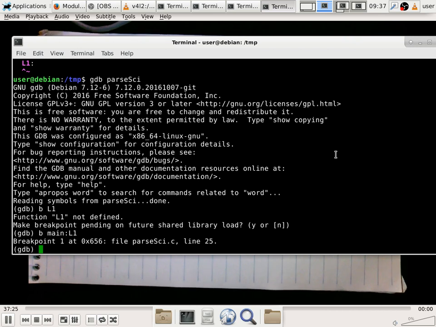You can set a breakpoint at L1 in main by saying b main colon L1. You can do all of this in GDB. If you are using Code::Blocks, you will have to figure out a way to pass parameters using the command line. I don't know how to do it because I don't use Code::Blocks.